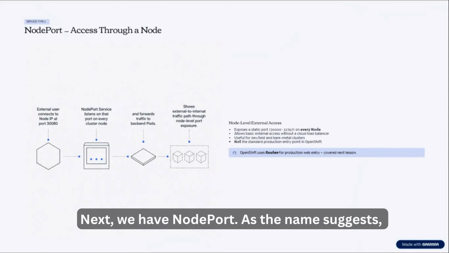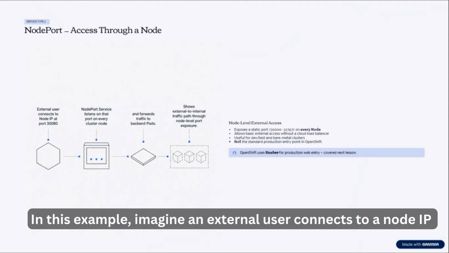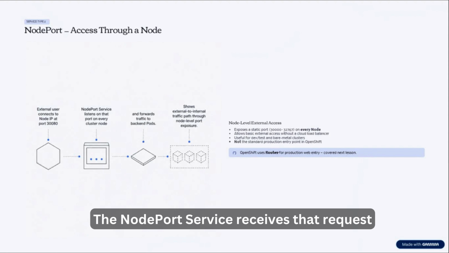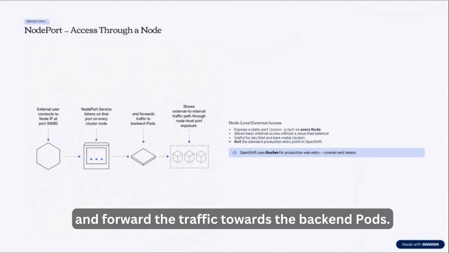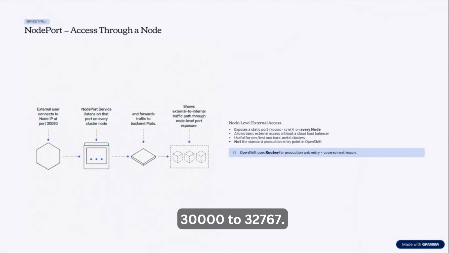Next we have NodePort. As the name suggests, NodePort exposes a service through a port on the Kubernetes nodes. In this example, imagine an external user connects to a node IP using port 30080. The NodePort service receives that request and forwards the traffic towards the back-end pods. Kubernetes node ports normally use the range from 30,000 to 32,767.